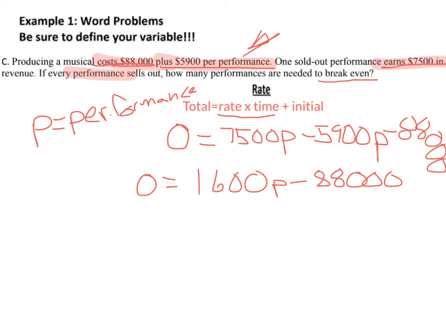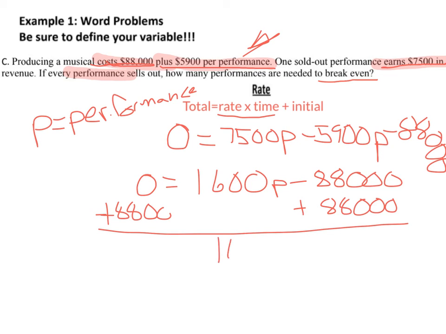Well, now we get to solve. Don't be scared of that 0. We're still going to solve by adding 88,000 to both sides. And then what we can do, 88,000, need another 0.